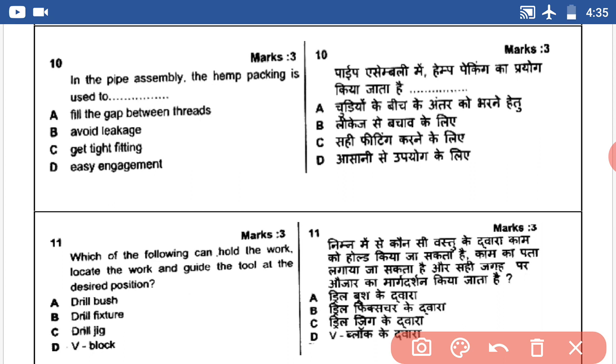In a pipe assembly, the gland packing is used to dash. This question's answer: avoid leakage. Answer B.